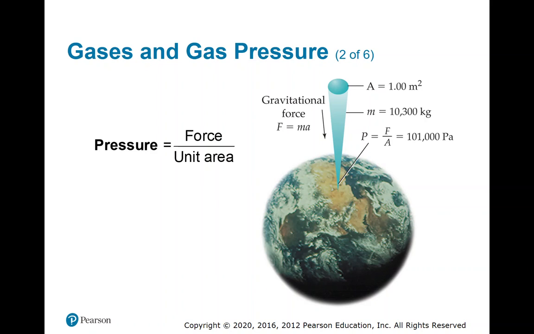Considering that the distance from the ground to the top of space is something like 60 miles or about 100 kilometers, that's actually not all that heavy because gases are pretty dilute and they become more dilute the higher up in the atmosphere that you go. So this is what's responsible for the gas pressure that you feel at the surface of the Earth.